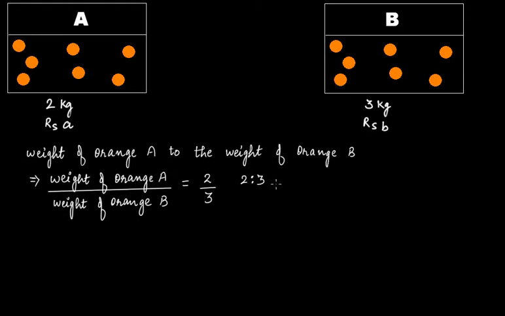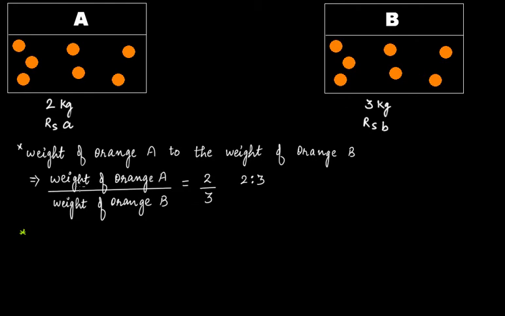You will say, why is that important? Let me explain. Now, what would be the ratio of the price of oranges being sold at shop A and shop B? If this was a ratio for weight, now let's find out the ratio for the price.